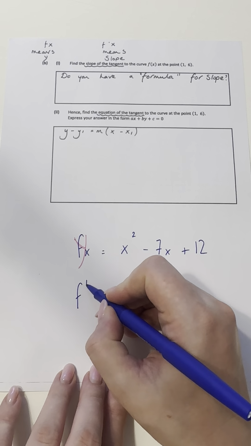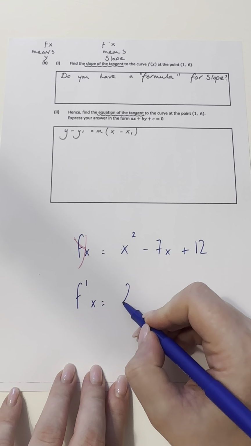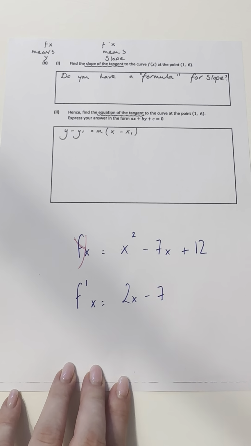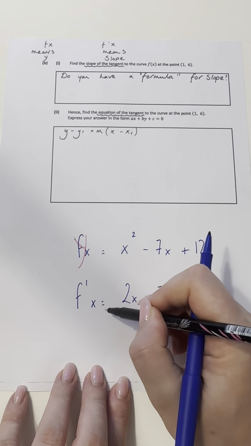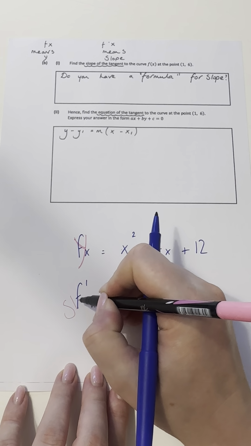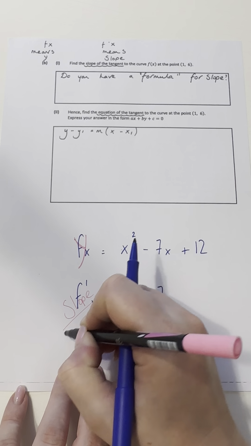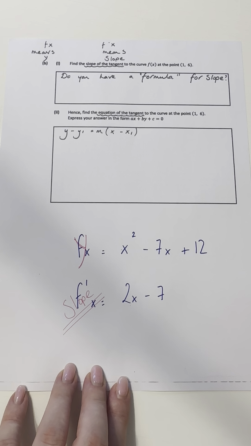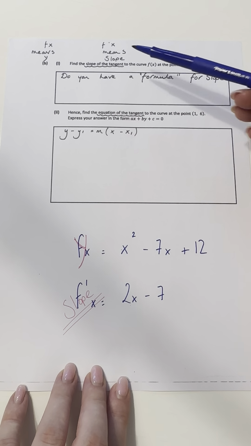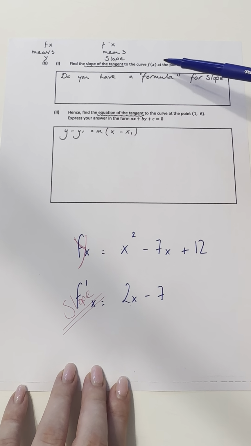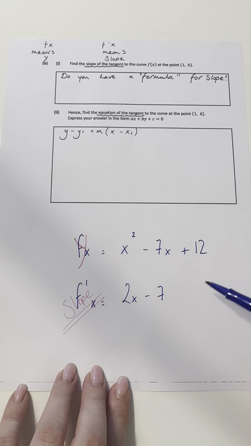And when you differentiate a curve, this symbol here alternatively can mean the slope, okay? The slope. So find the slope of the tangent to the curve at the point 1, 6. I appreciate these are not formulas.